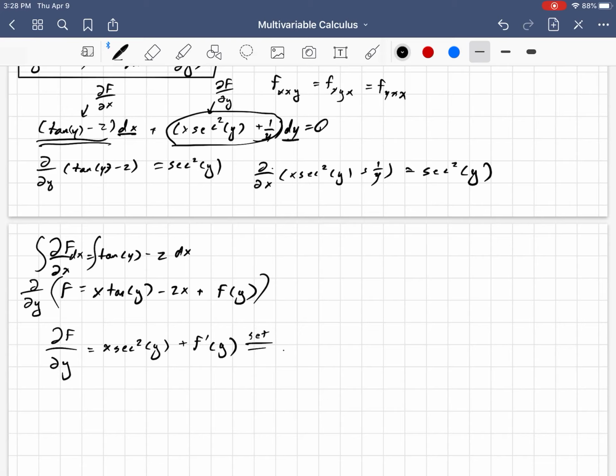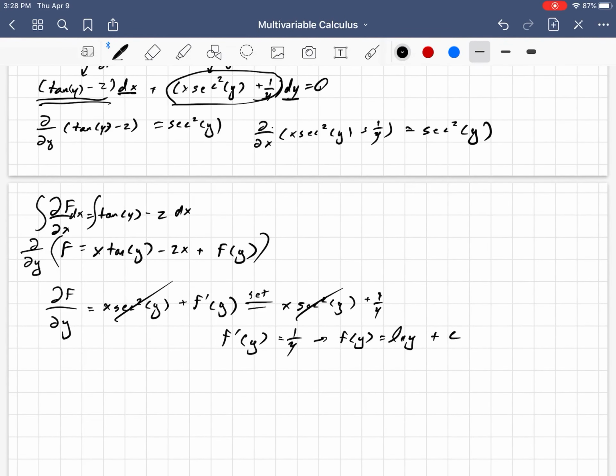So we set this equal to x secant squared y plus 1 over y. So f prime of y is 1 over y, so f of y is natural log of y plus the c.